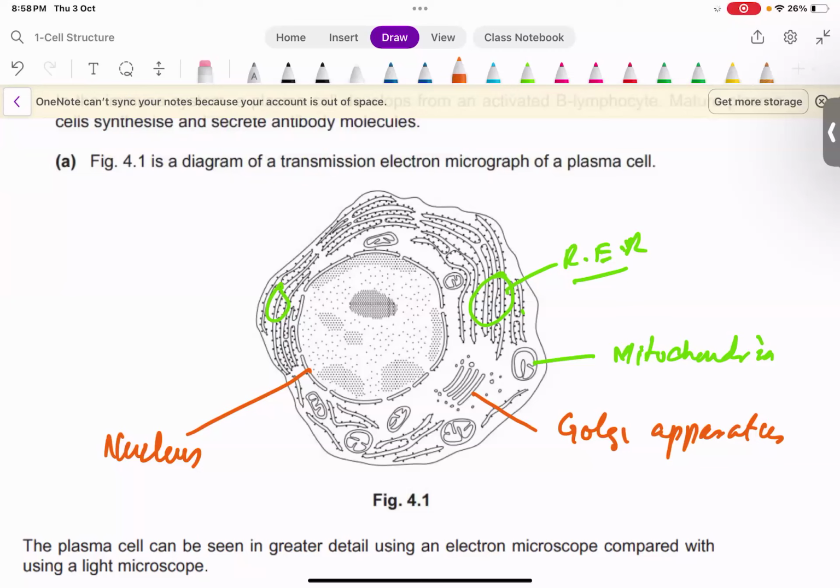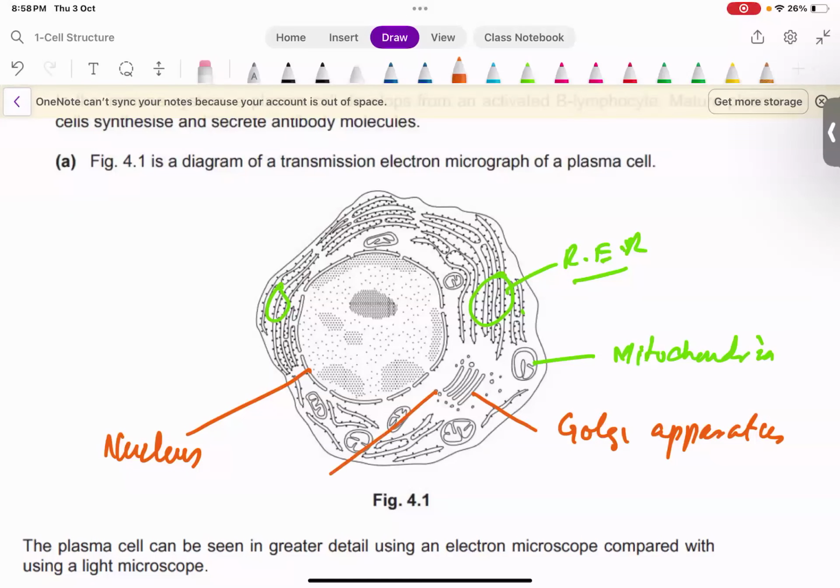There are no other structures seen here, no centrioles visible in this structure. It doesn't mean that centrioles are not present in animal cells. Centrioles are found in animal cells, but in this cell, it's not visible. It's not shown in this cell.